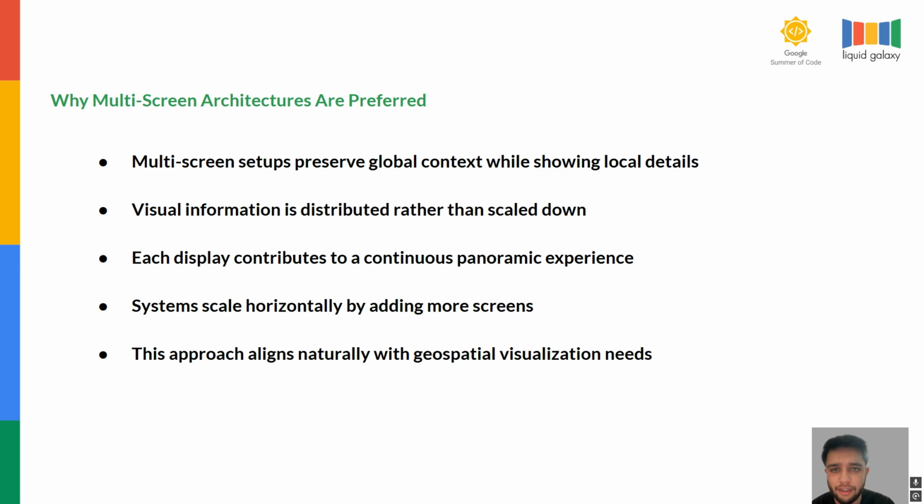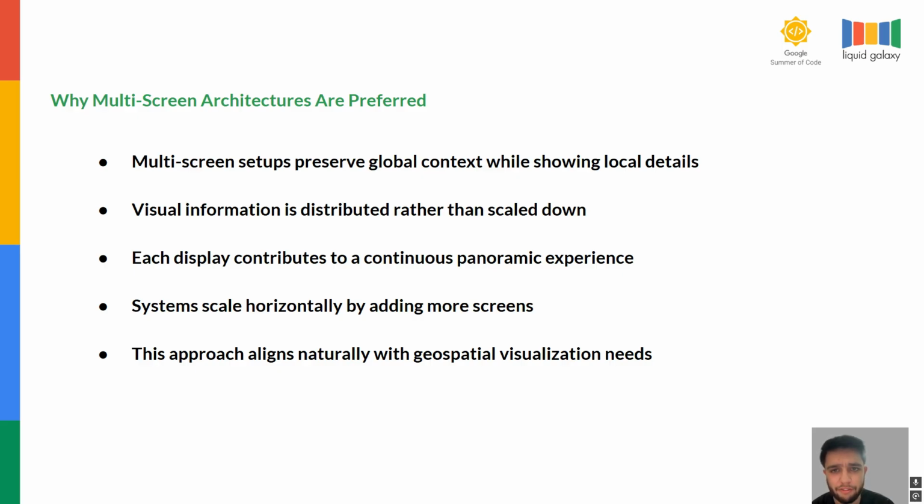Now we'll go to the next slide. Why are multi-screen architectures preferred? Multi-screen architecture preserves global context while still showing local details. Instead of scaling data down, information is distributed across multiple displays. Each display contributes to a single continuous panoramic view.